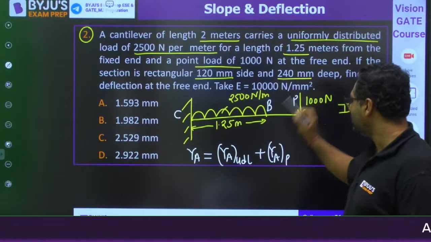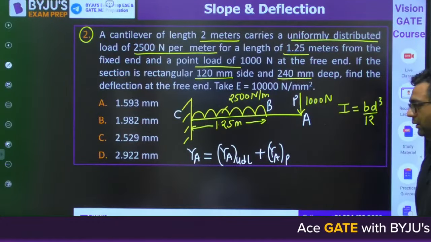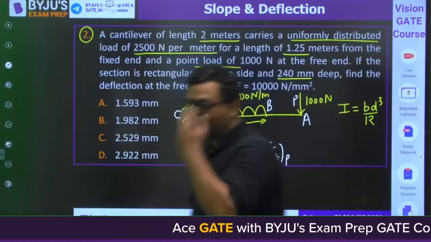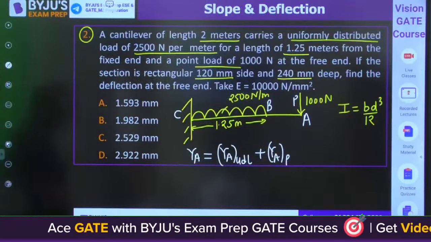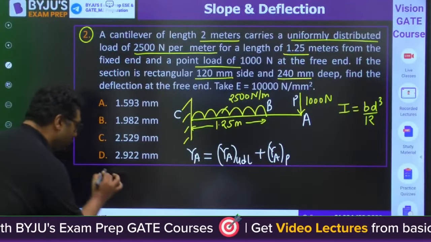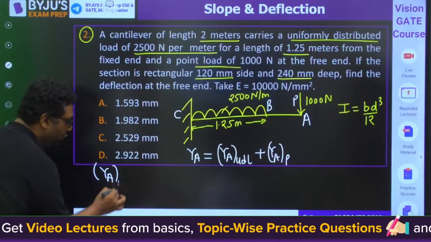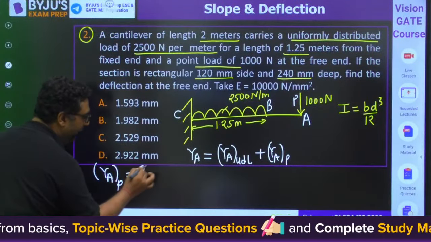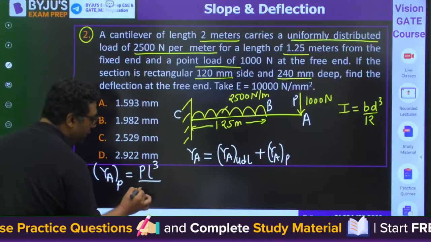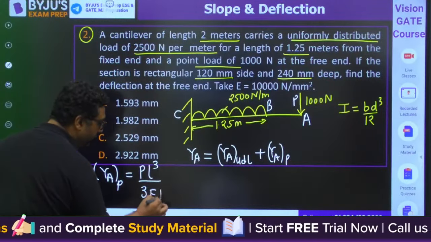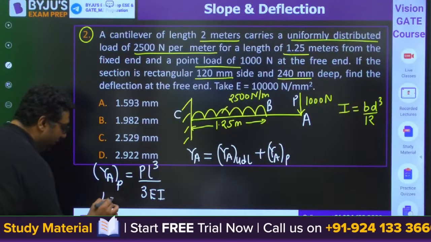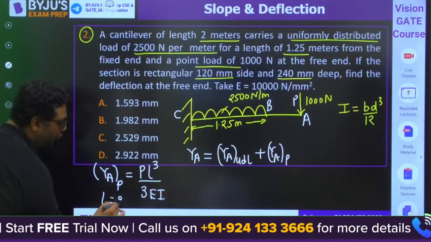This is P, let us say. So you need to see the effect of both. Wonderful, guys. So when we are talking about deflection at A due to load P, it will be PL cube upon 3EI. This L will be equal to the total length, 2 meters.